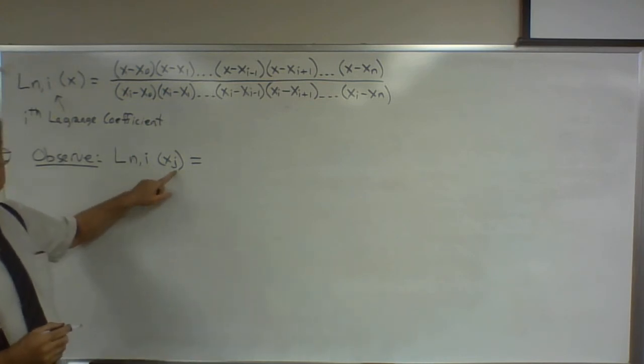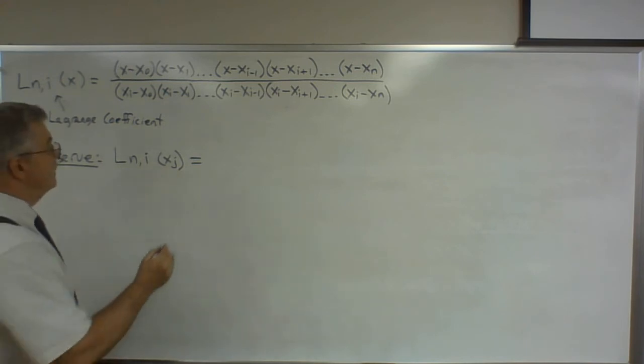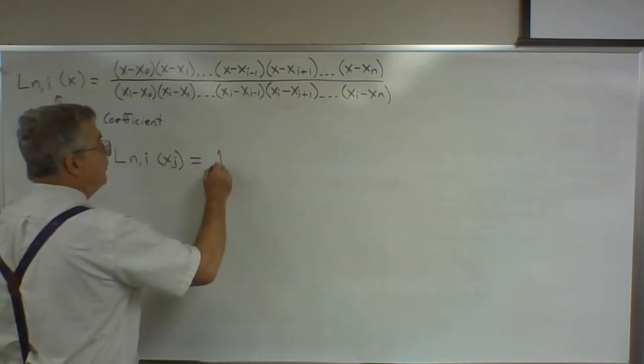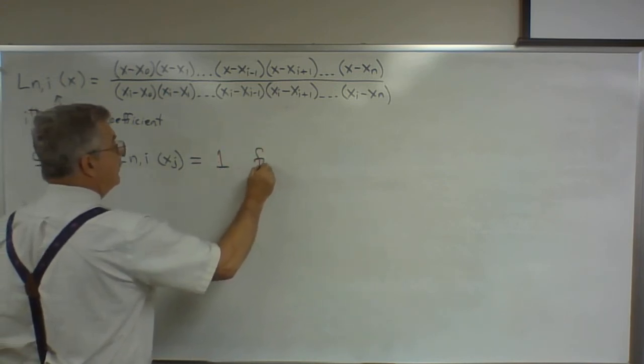If i and j are the same thing, then we're going to get 1.